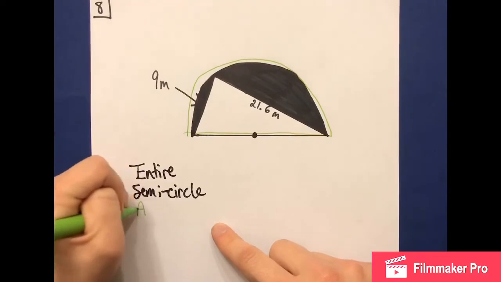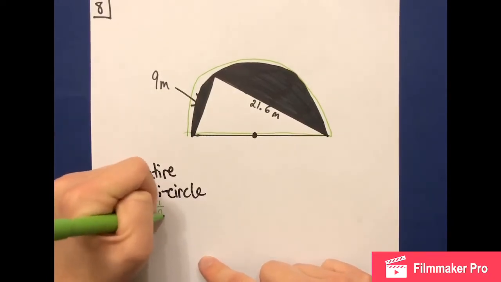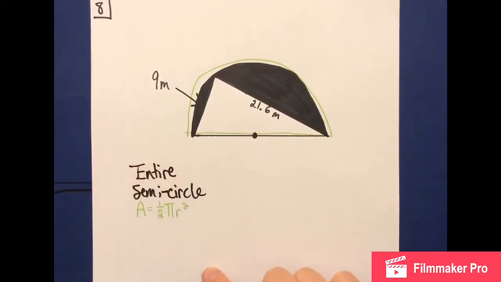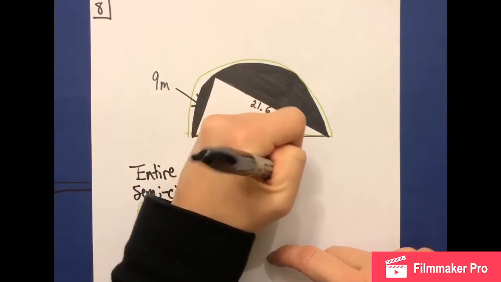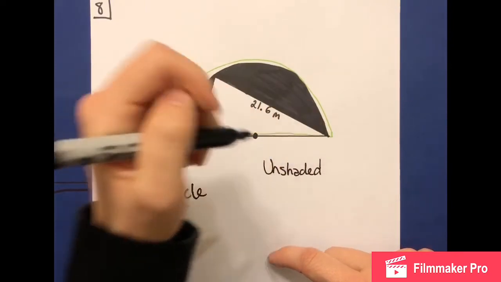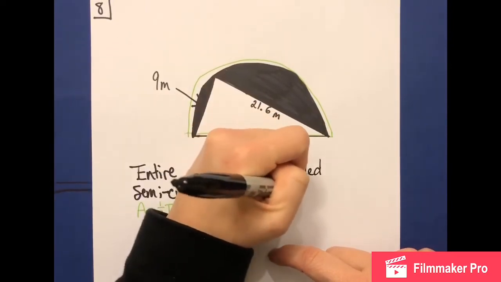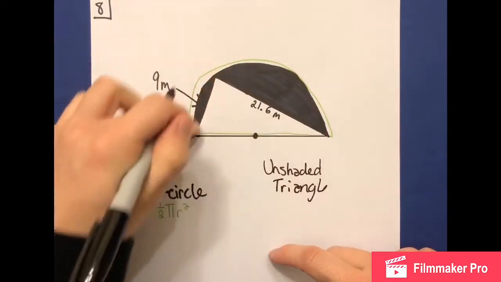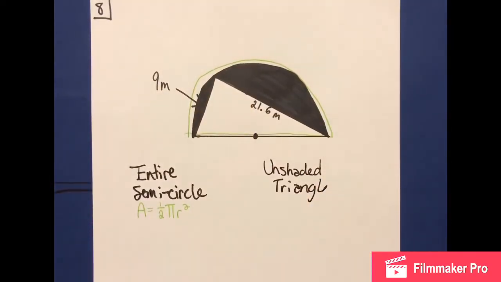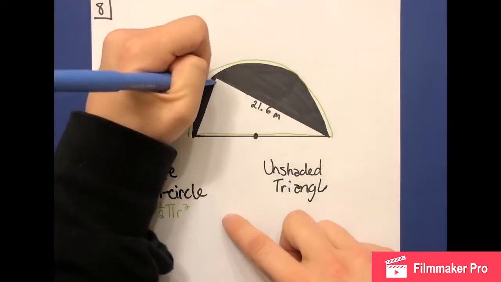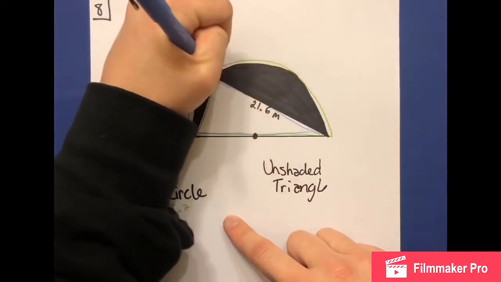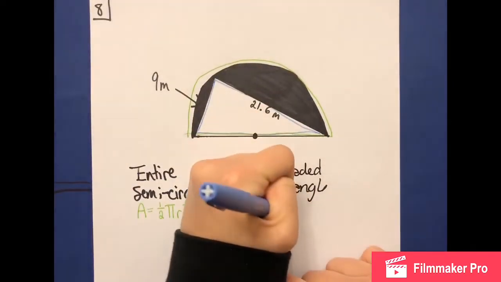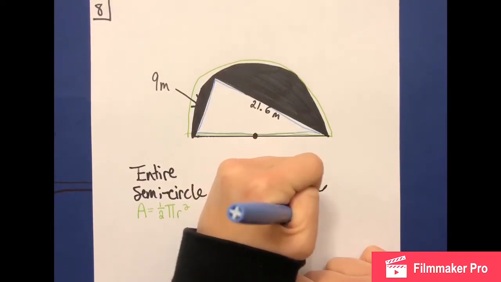So that's going to be area is equal to 1/2 pi r squared. And I'm going to say my unshaded, in this case, is a triangle. And that is going to be our blue. Okay, so I have area is equal to 1/2 base times height.